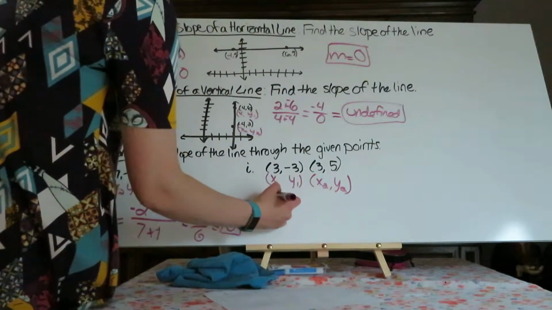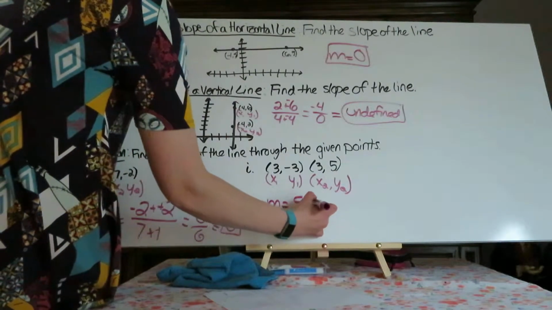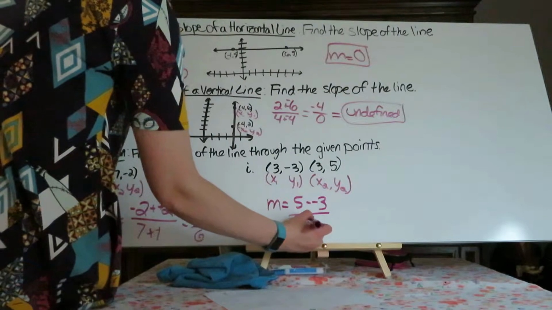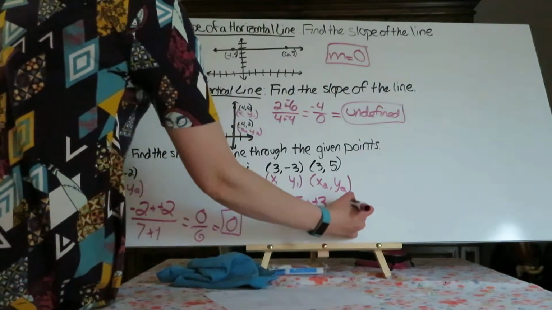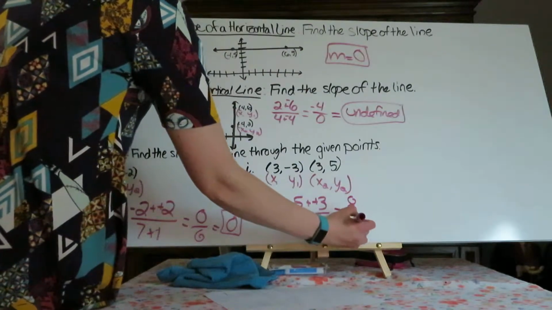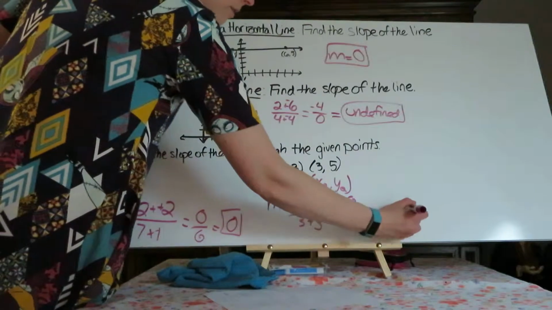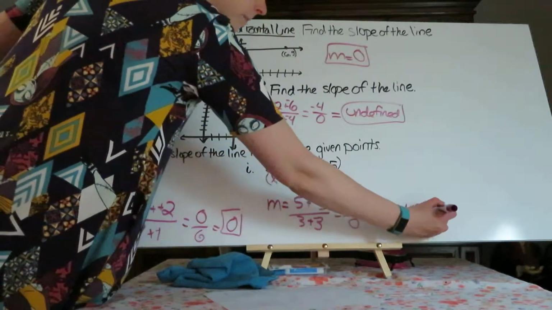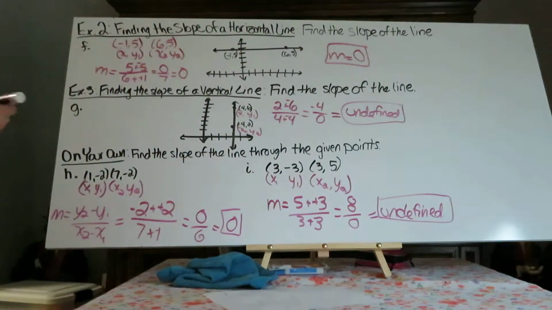Okay, we are going to find the slope: 5 minus negative 3 divided by 3 minus 3. Adding the opposite, we've got 8 divided by 0. You can never divide by 0, so that means the answer is undefined. Excellent.